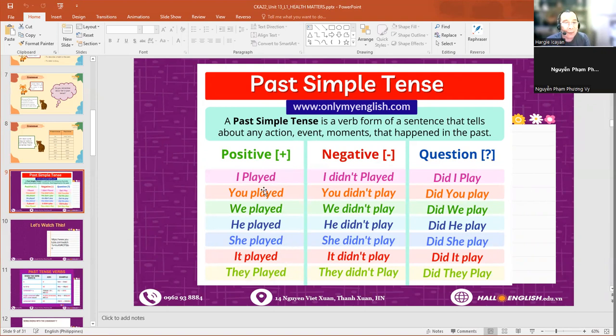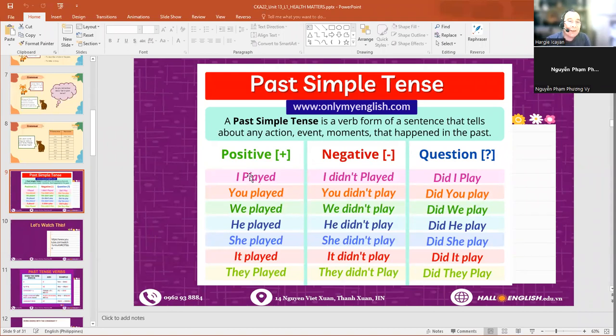Okay, like for example, what's the past tense of play? We're talking of regular verbs, B. We're talking of a regular verb. So if you're talking of a regular verb, that means we just have to add D or ED at the end of the base form of the verb, right?